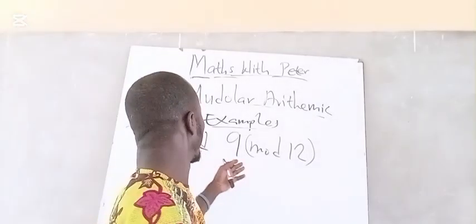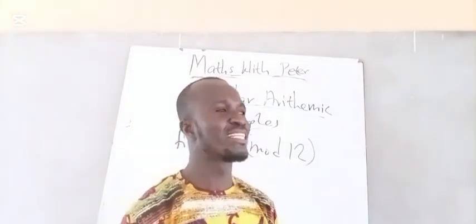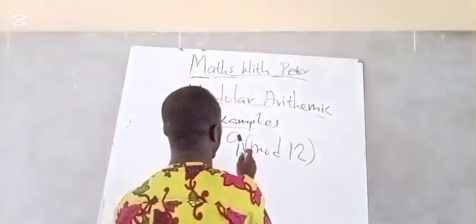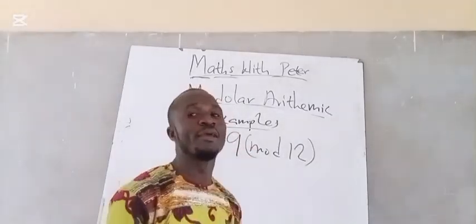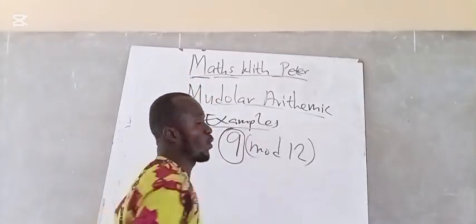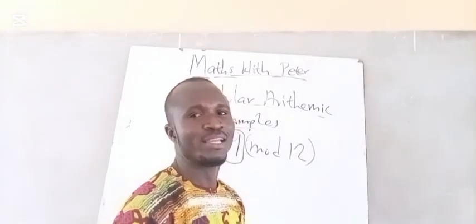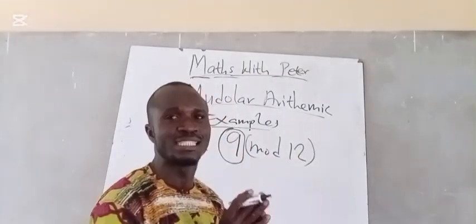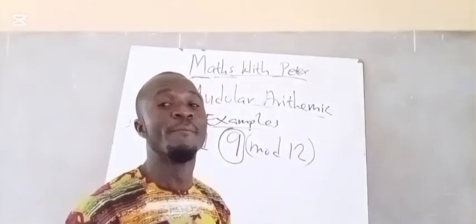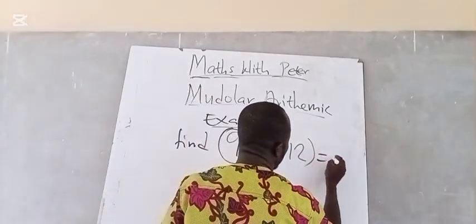As you can see, to find 9 mod 12, 12 cannot go into 9. 9 is not more than 12. So in this type of case, what we do is that we rewrite the 9 as our mod, because 12 cannot go into 9. So you remain with the same value. Once the number we have to find the mod of is less than the modulus, we keep the number. So 9 mod 12 will give us 9.